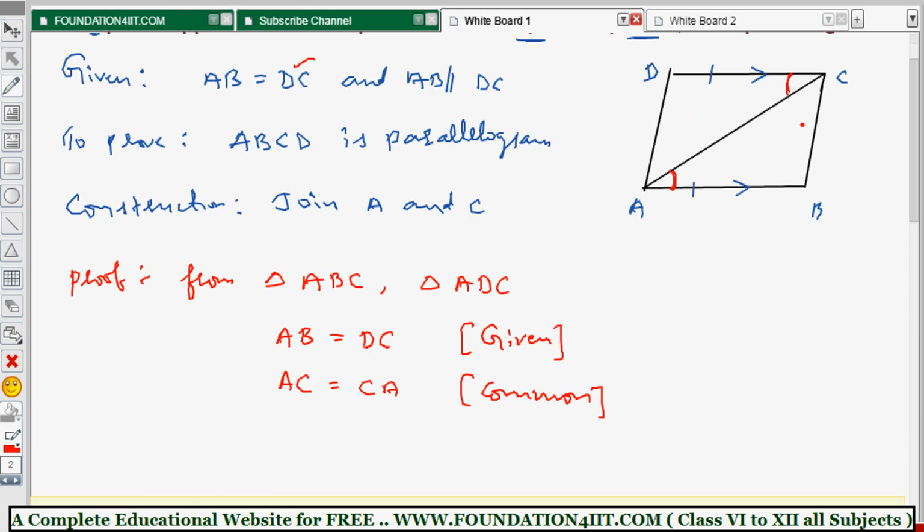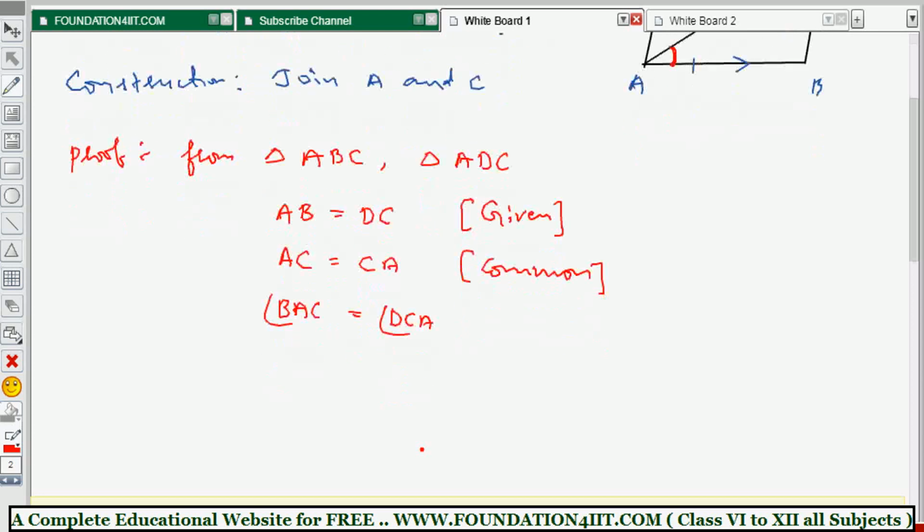AB is parallel to DC and CA is a transversal. Therefore, we can write angle BAC is equal to angle DCA, for alternate angles.